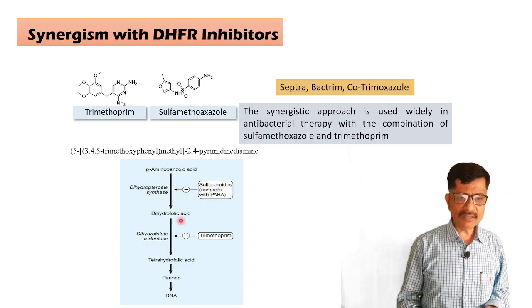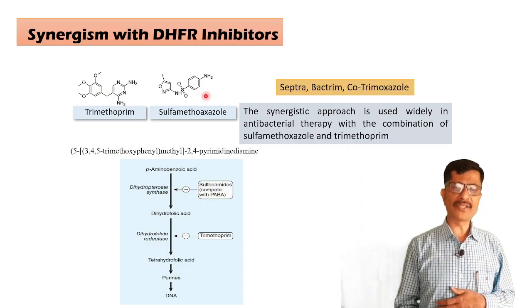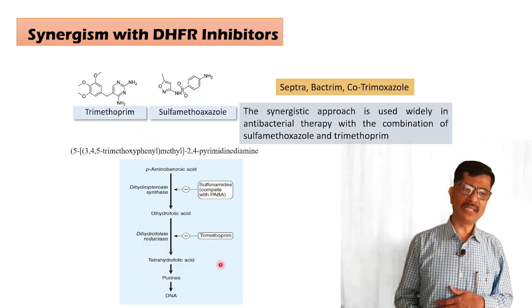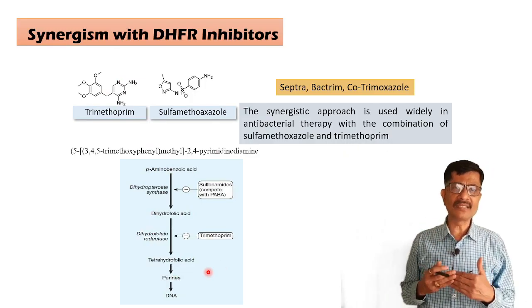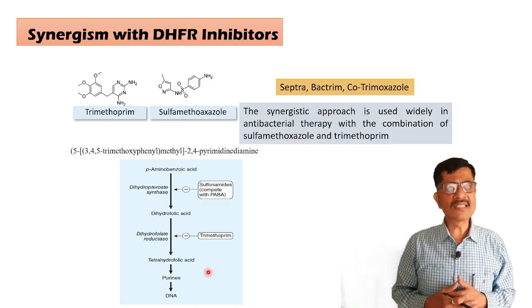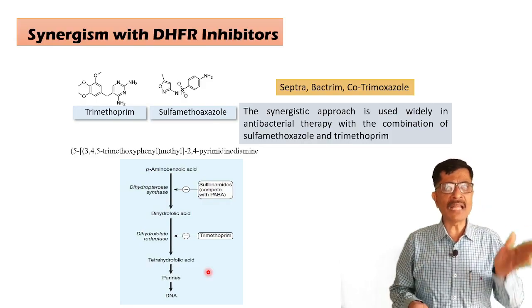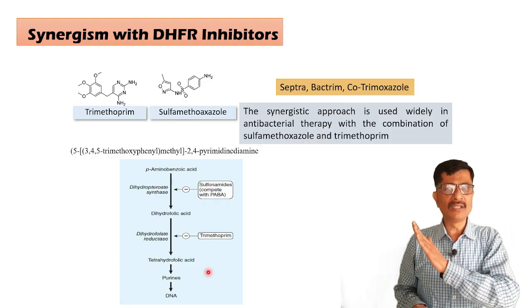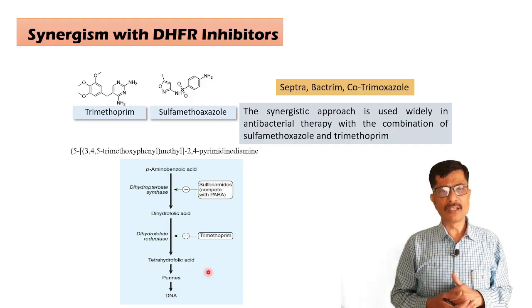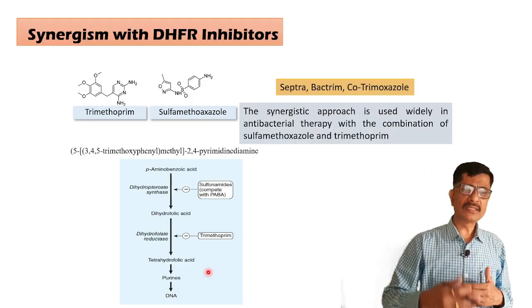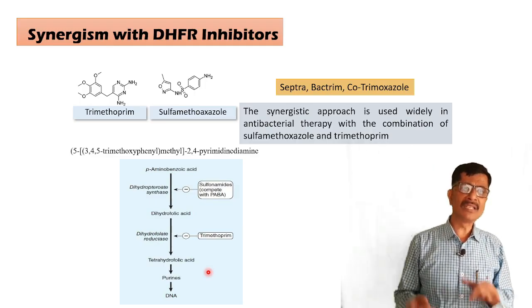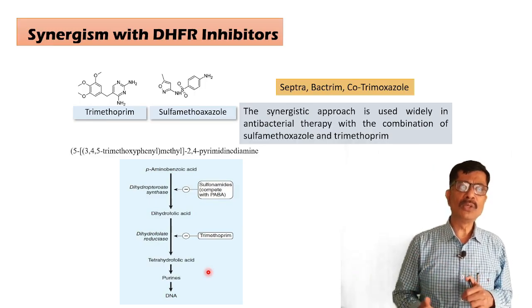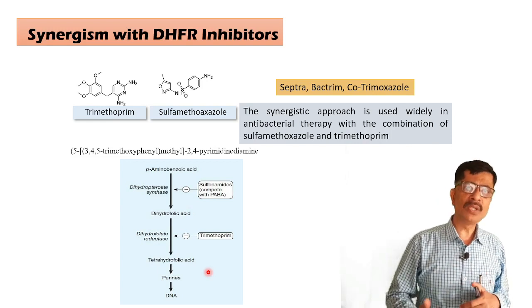So because of this combination, the same pathway will be blocked at two different stages, and it shows synergistic effect. Synergistic effect means 1 plus 1 is equal to 3, more than the addition. So this is how Bactrim or Septran or cotrimoxazole is used in combination to show better improved antibacterial activity.